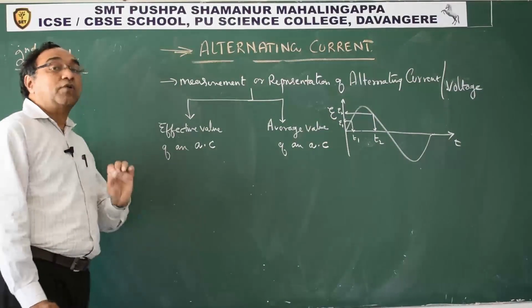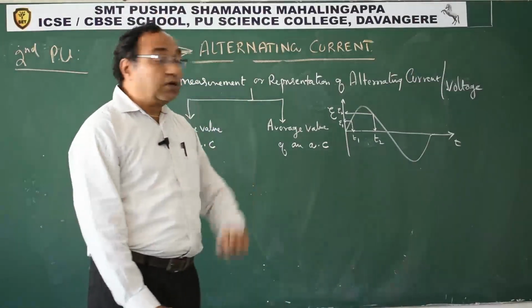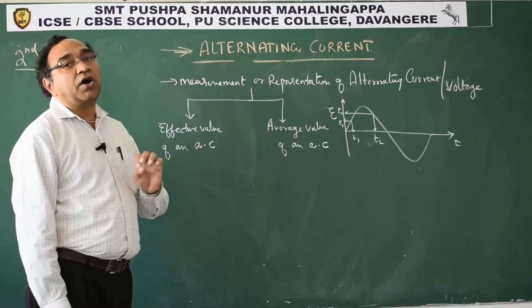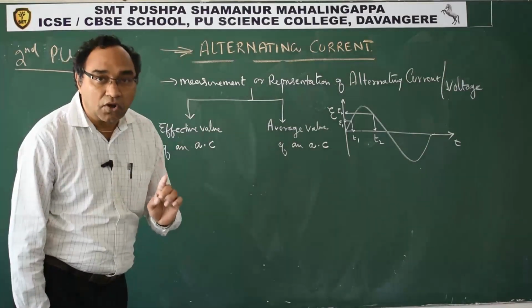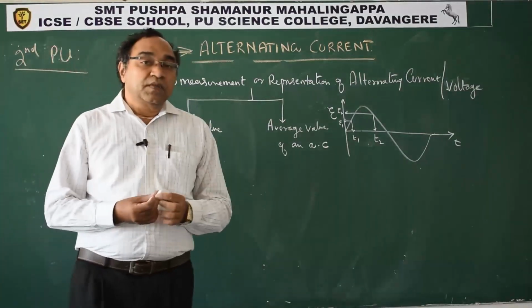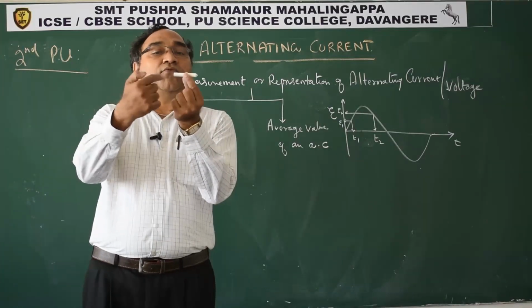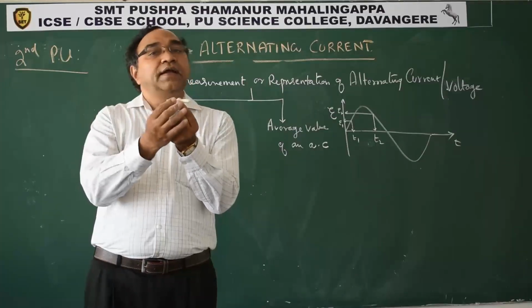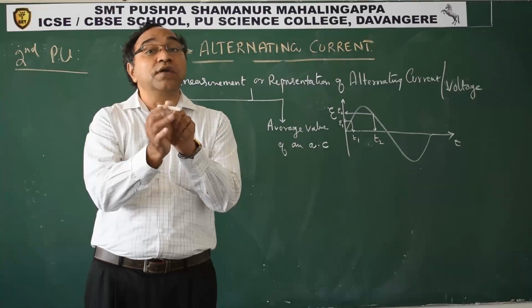Why heat only, of all parameters? Because heat is that kind of energy which does not depend upon the direction of flow of current. What is the meaning? If this is a conductor and current flows from this end to this end, then there is heating. It doesn't mean that if you reverse the direction of current, it will start cooling.